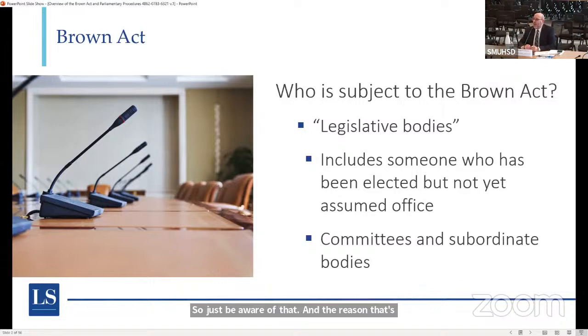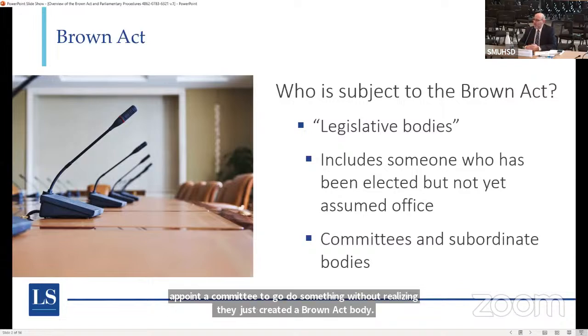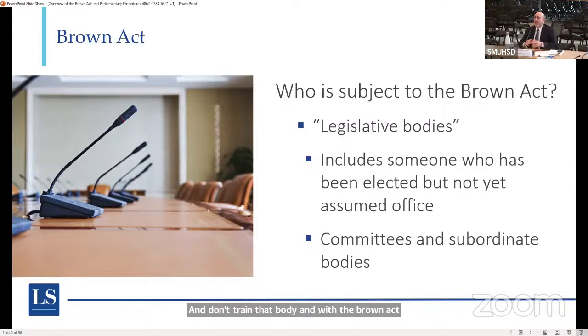And then we're actually going to talk a little bit about committees and other subordinate bodies, because one of the really common mistakes we see is school boards will appoint a committee to go do something without realizing they just created a Brown Act body and don't train that body on what the Brown Act means. And then people inadvertently get into trouble. And I should have said this right up front, so I'll say it now. Almost every Brown Act violation I've ever come across was an accident.